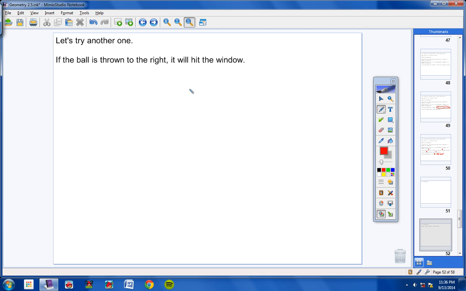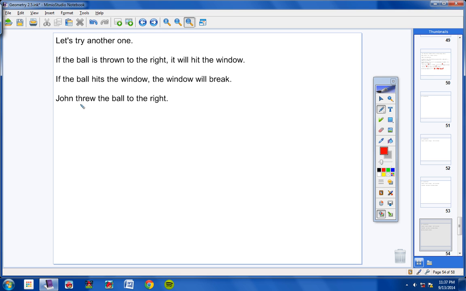Now, notice my conclusion, it will hit the window. So I'm going to start my next sentence with, if the ball hits the window, it will break. So, if the ball is thrown to the right, it will hit the window. If the ball hits the window, it will break. John threw the ball to the right, so what conclusion can I come up with?